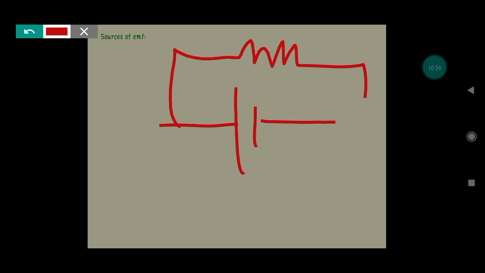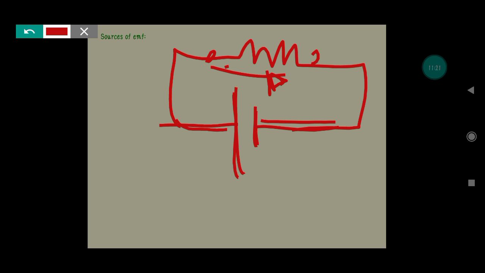Let's say we have a battery connected with some electrical circuit, a resistor, or it could be a capacitor, whatever it is. Once there is a potential difference across these points, we have a current passing through this resistor. But what maintains the constant potential across the terminals of the battery is nothing but the EMF.